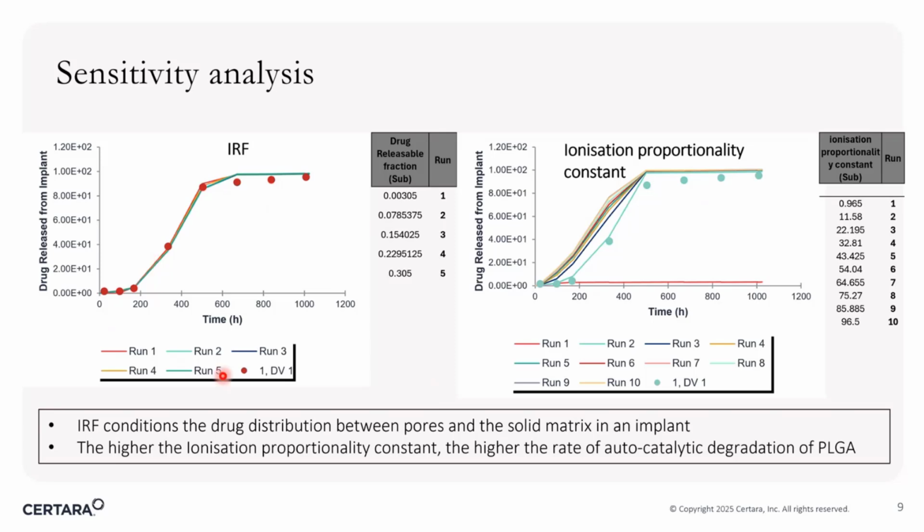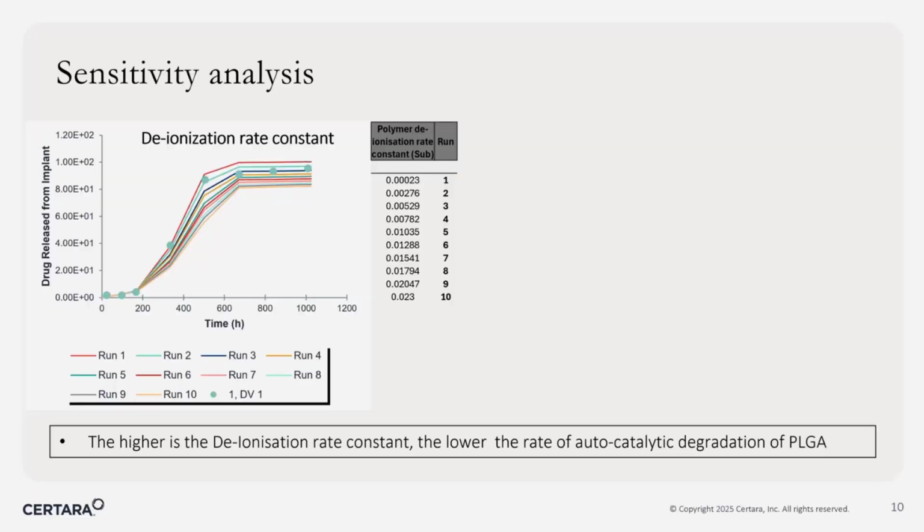That's why, when the value is changing from 0.003 to 0.3, we do not see a massive increase in drug release in the sensitivity analysis for immediate releasable slash initial releasable fraction. Again, deionization rate constant is going to decrease the autocatalytic rate process. So when the value is high, you can see a delay in drug release profile.